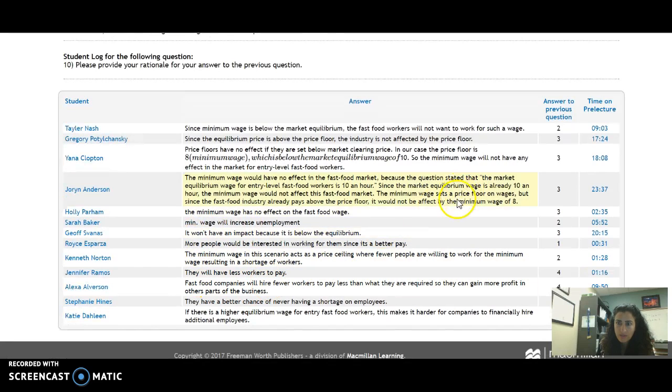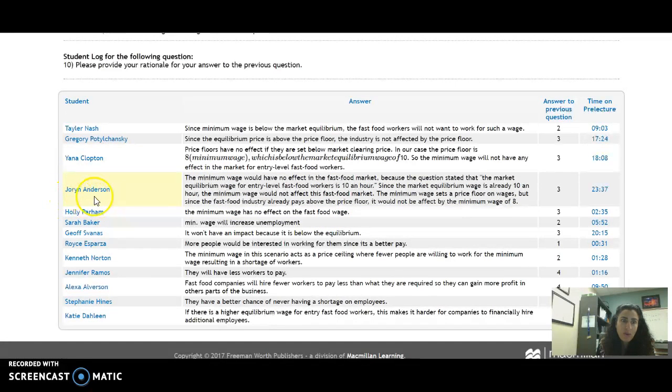I'll start from here. Jeff said it won't have an impact because it is below the equilibrium. Yes, a price floor, in order to be effective, must be above equilibrium. In this case, it's below equilibrium, so this is right. Holly said the minimum wage has no effect on fast food wages. She didn't explain why, but correct.